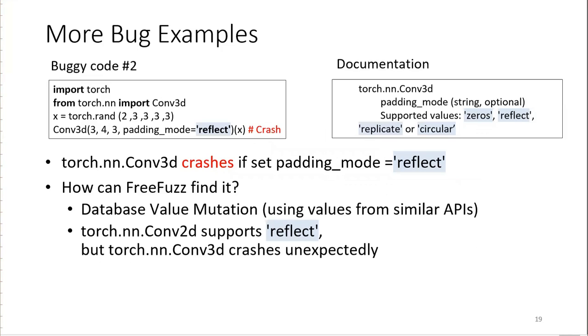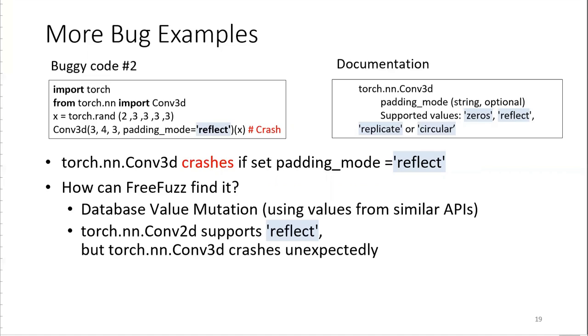This is a bug detected by FreeFuzz in the Conv3d API. It crashes if we set the padding mode to be reflect. FreeFuzz finds these bugs thanks to the database value mutation, namely using values from similar APIs for fuzzing. More specifically, Conv2d supports padding mode to be reflect, but Conv3d crashes unexpectedly for reflect.